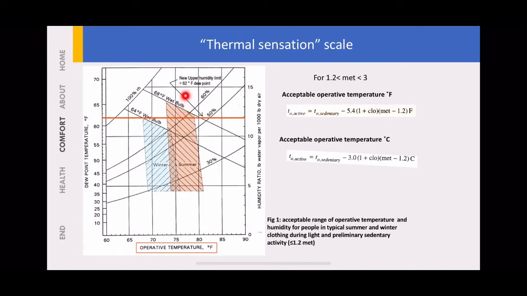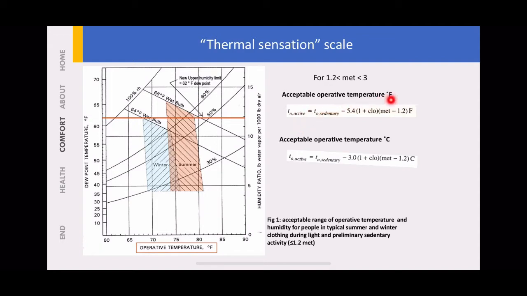But the higher you go, then there's more energy needed to maintain a comfortable conditioned space. That is why it is imperative for you to stay at a certain temperature at all times with a certain relative humidity and certain humidity ratios and others as well.